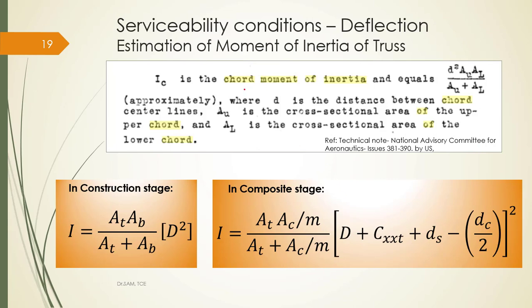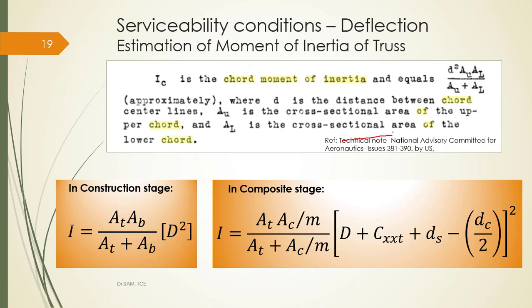For the calculation of moment of inertia, I have referred to a technical note, from which I know that the moment of inertia of a truss is the product of the areas of the top angle and bottom angle, divided by the algebraic sum of the two areas, into D squared, where D is the distance from the CG of the top angle to the CG of the bottom angle.